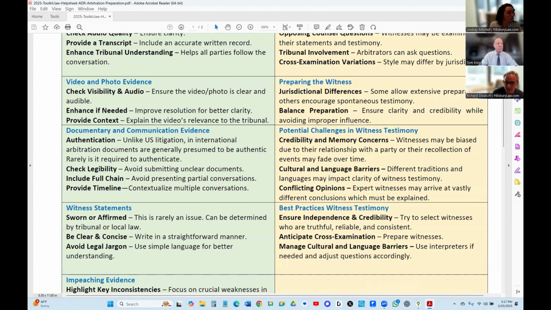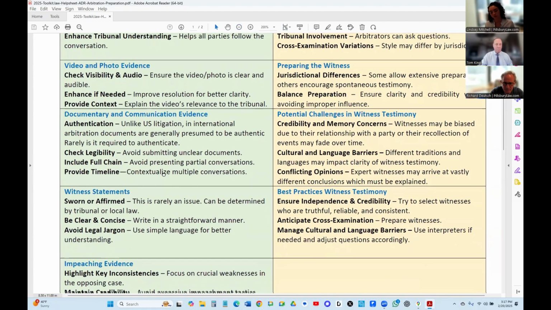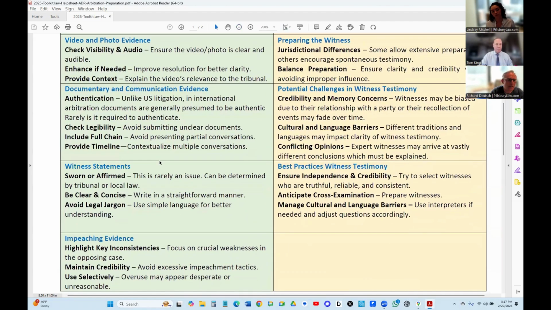So you don't want to have long videos where the arbitrators can't tell exactly what it is they should be focusing on. And again, follow the format set forth.